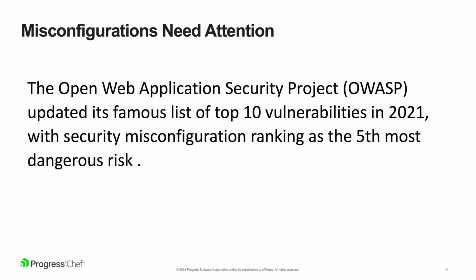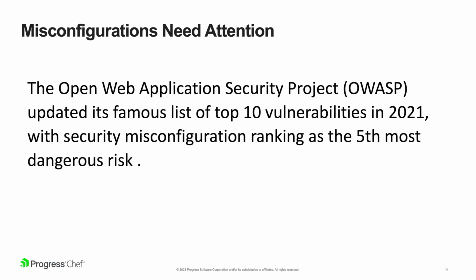And one of the reasons it's gaining popularity among cyber attackers is that it doesn't just affect web assets, but every component that requires configuration. And according to OWASP, applications are vulnerable to security misconfigurations even if they lack sufficient hardening or have improperly configured cloud service permissions.